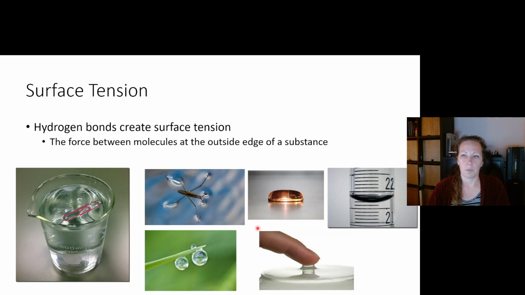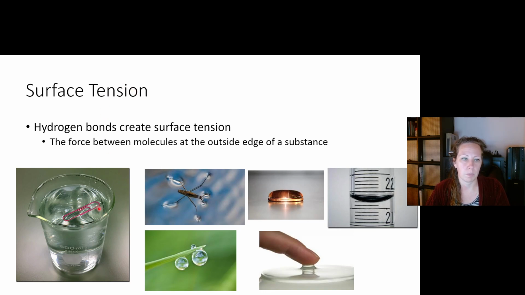Okay, so hydrogen bonds lead to surface tension, and surface tension can be defined as the force between molecules at the outside edge of a substance. And so surface tension is responsible for everything that we see here.